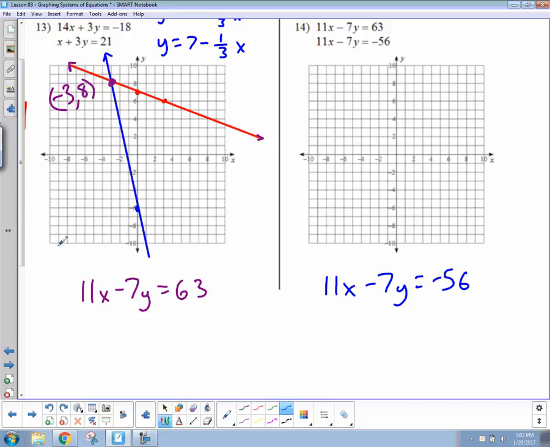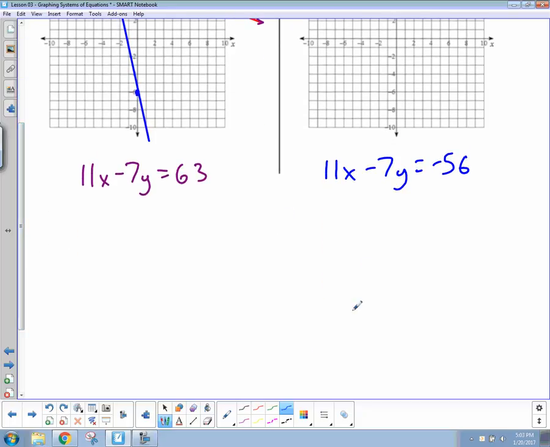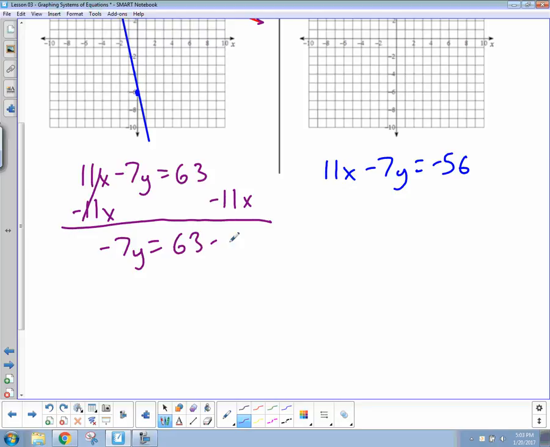So again, I'm going to solve these. Minus 11x, minus 11x, and draw my line. Those cancel. Negative 7y equals 63 minus 11x. Divide by negative 7. Y equals 63 divided by negative 7 is going to be a negative 9. Two negatives make a positive.